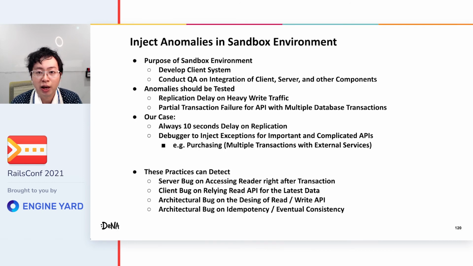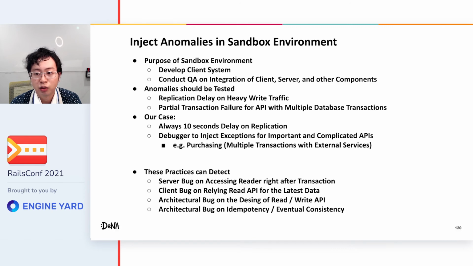Also, we inject anomalies in the sandbox environment. The purpose of the sandbox environment is to develop the client system and conduct QA on the integration of client, server, and other components. The anomalies should be tested there.